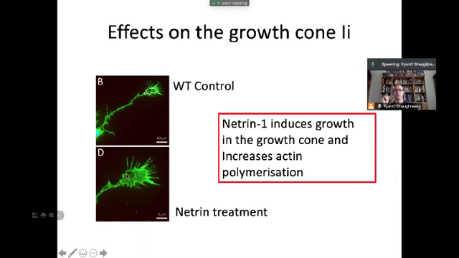When we treat with this protein netrin, we get increased size of the major part of the growth cone, so increased lamellipodia formation, and we also get increased numbers and size of these filopodia. So netrin-1 induces growth in that growth cone, and it also increases the polymerization of actin.